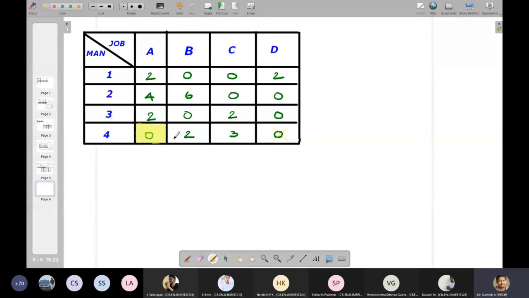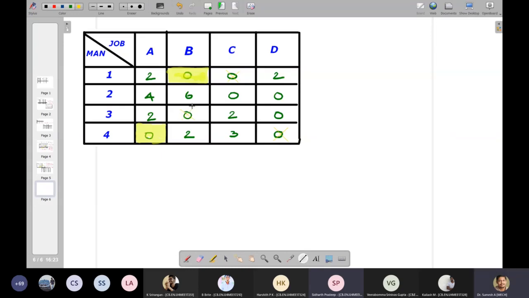When I choose this, 1C will be cut off, and this is also cut off.